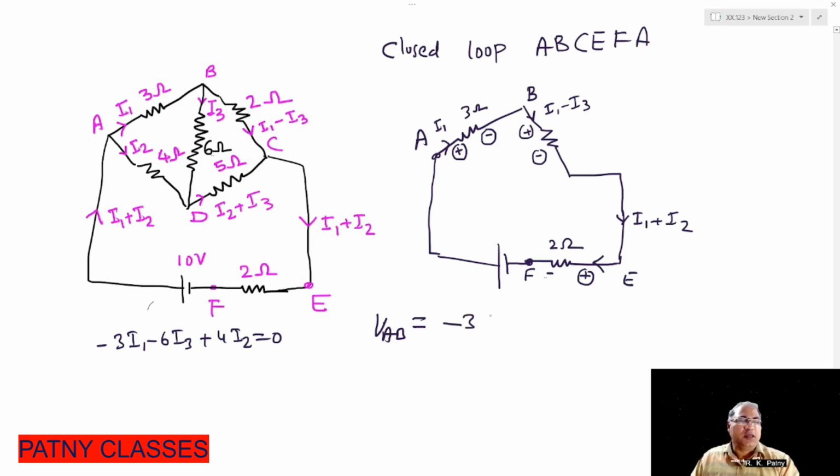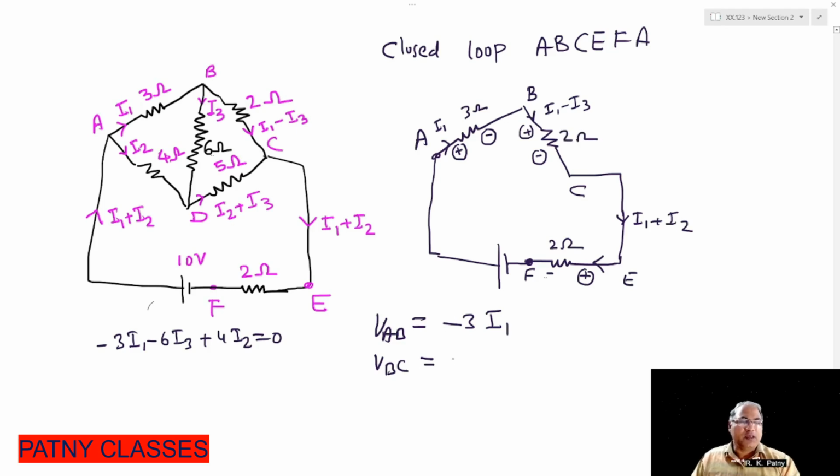VAB equals minus 3I1, then VBC. We are moving in the direction of current, and the current flowing along BC is I1 minus I3, and this resistor is 2 ohms.